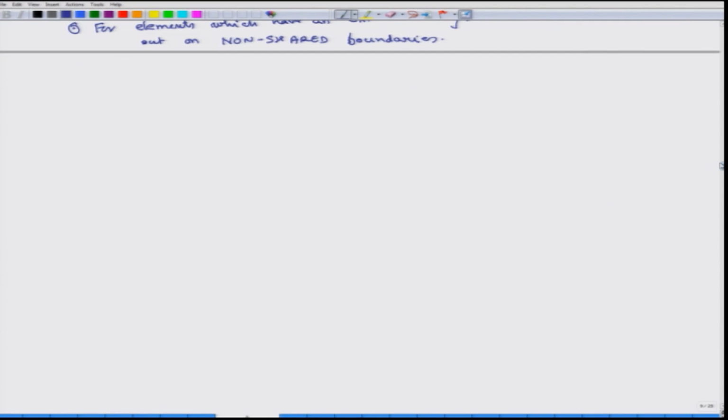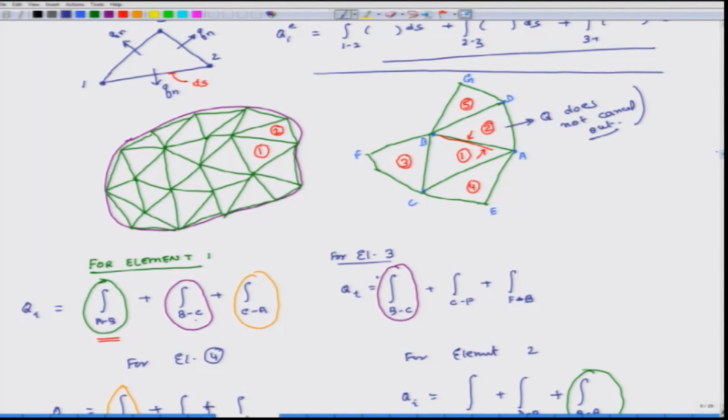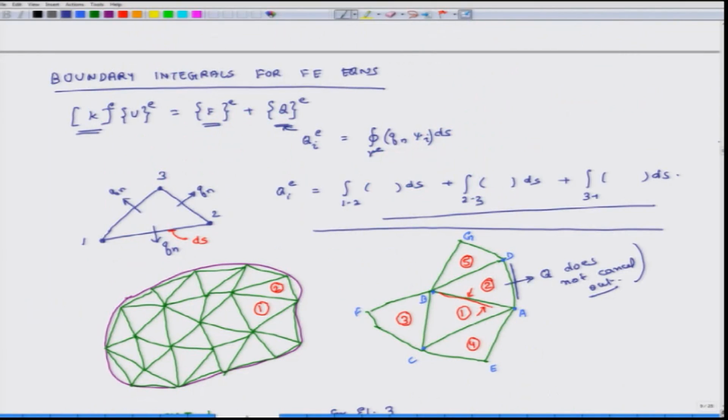Okay. The other thing which we should note is this is a boundary integral. So q is a boundary integral, right. We are calculating this q on the boundary. It is a line integral or a boundary integral. For 2-dimensional surfaces, the boundary integral becomes a line integral.